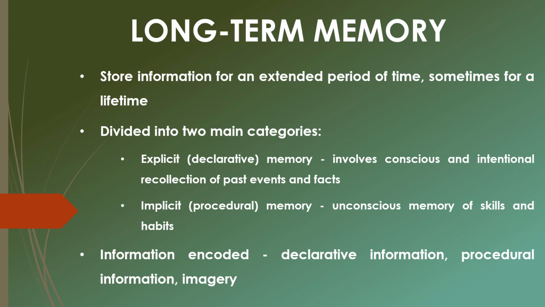It means that several different types of information are encoded and organized in long-term memory: the declarative information, which is the information that can be discussed, such as facts, concepts, ideas and personal experience; then procedural information, which is the information about how to do something, like drive a car or brush your teeth; and imagery, which are mental pictures. So this is long-term memory.